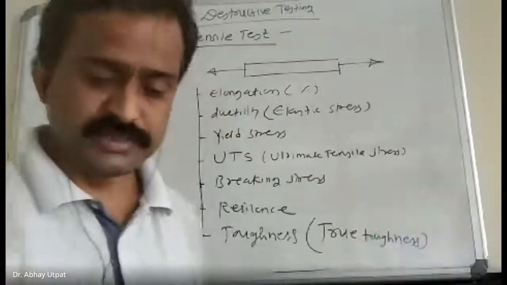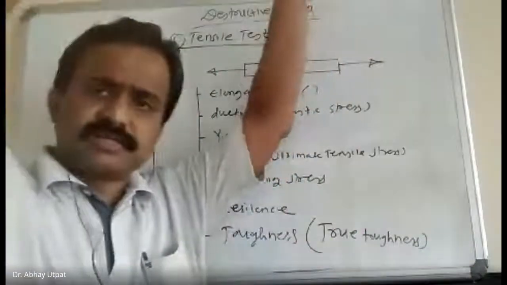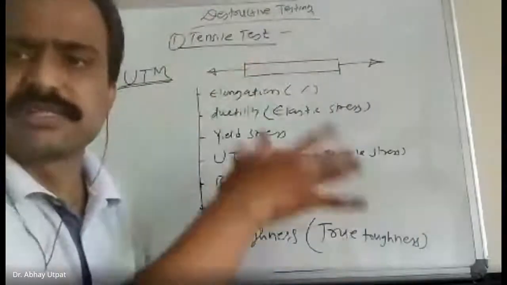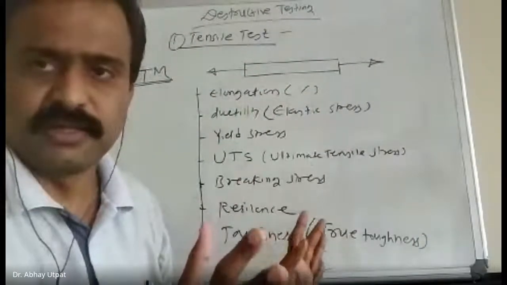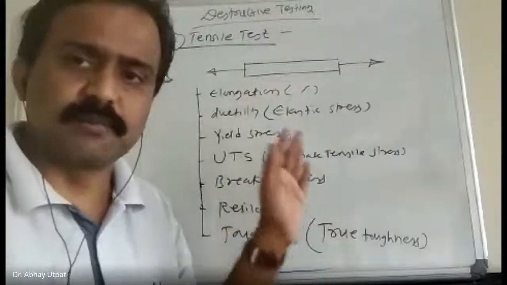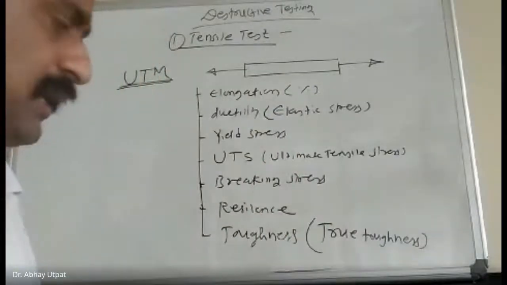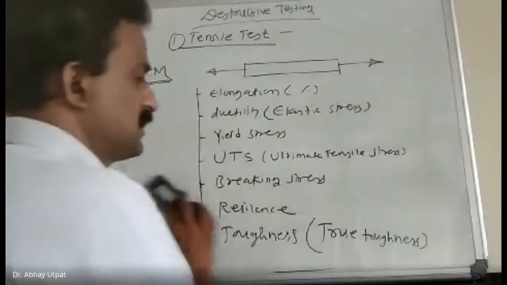Now, a universal testing machine is a little bigger, complicated machine. I will show the schematic diagram here, and then how curves are plotted. Next line, write down: tensile testing machine.